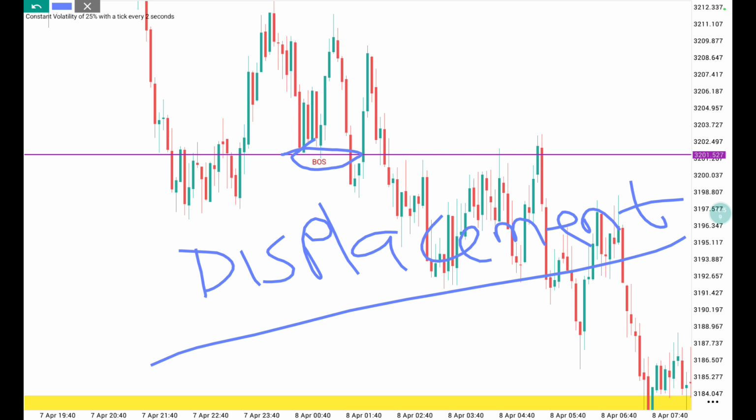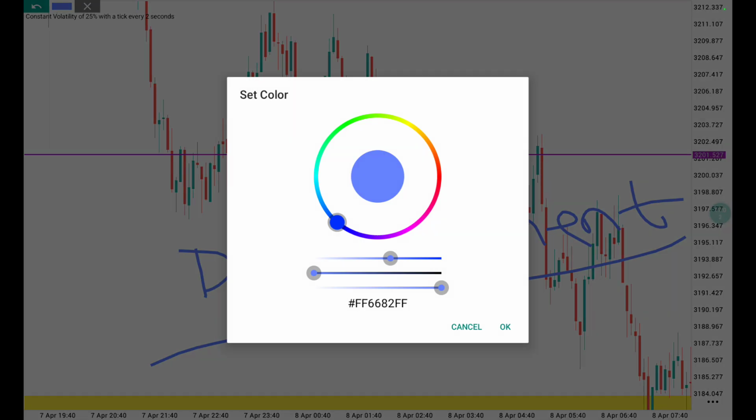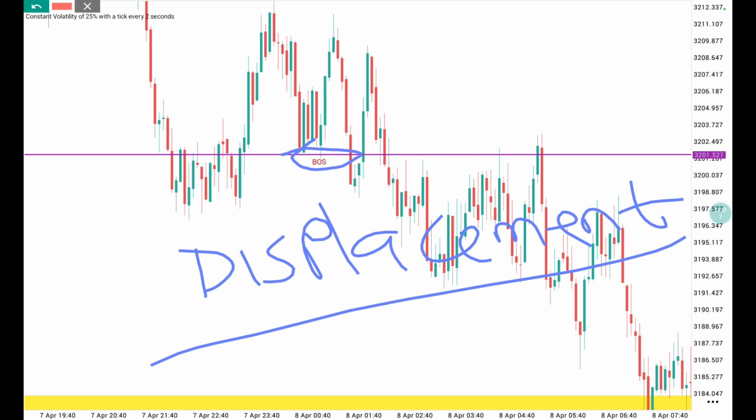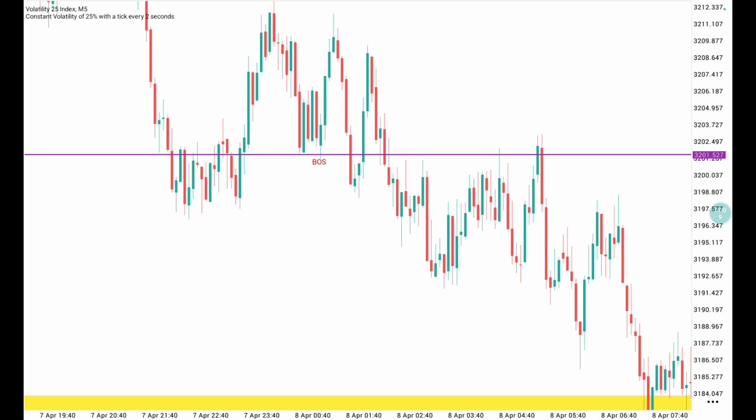All I want you to know is that when you have an energetic move, a power move, a very strong Marubozu candle thrusting through a high or a low, it leads to a breakup structure. Look at this candle. There's displacement. It's not a wick. I will show you that kind of example as time goes on.